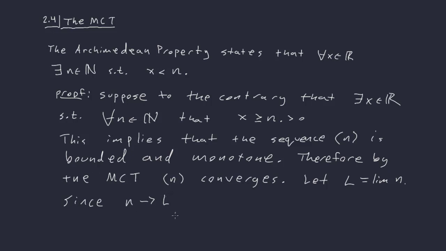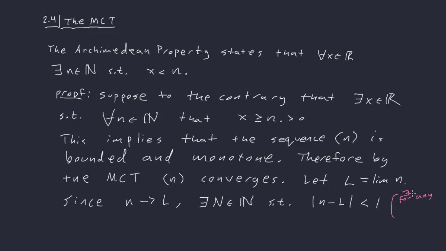So since n converges to L, there exists, let's say, a capital N in the naturals such that the absolute value of n minus L is less than any epsilon we want. So let's just say it's less than 1. Okay, so there exists an n for any epsilon.